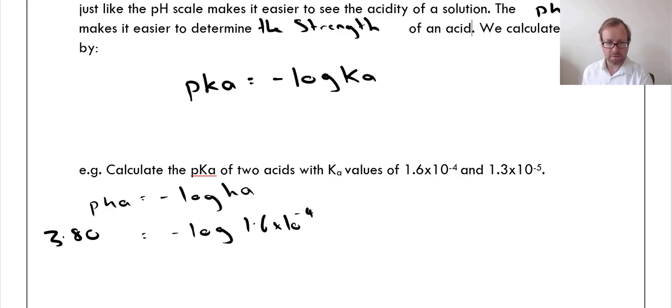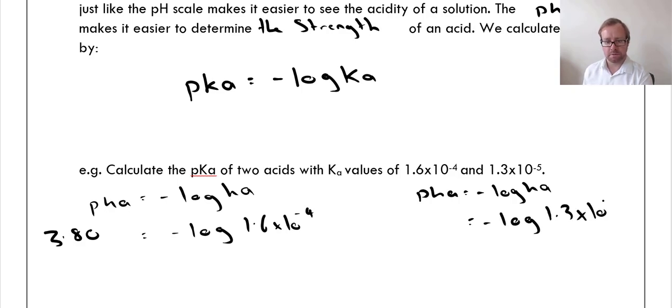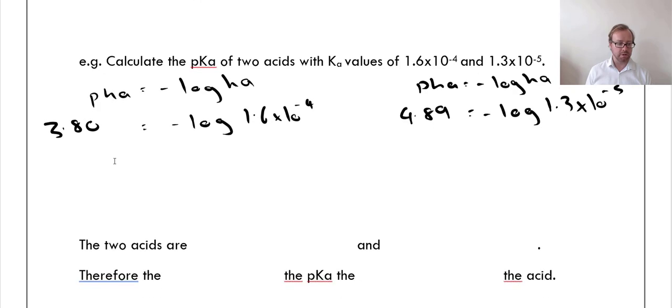And over here, minus log of 1.3 times 10 to the minus 5, giving me a value of 4.89, which I'm sure you got as well.